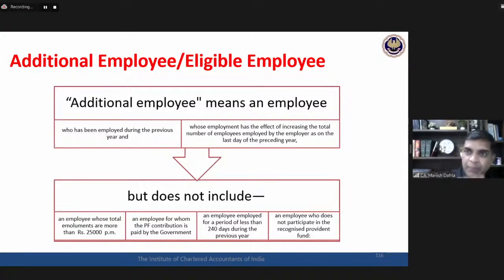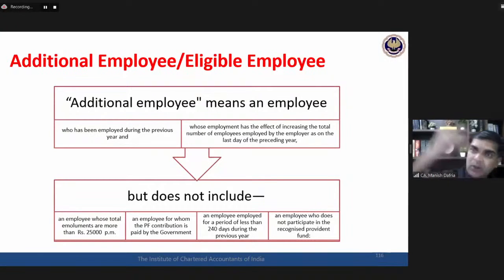Now, salary paid to these additional employees, these eligible employees, has also been claimed as a deduction against my business income. The same salary I am claiming a deduction for under 80JJAA. This means there is a double deduction available with respect to these eligible, additional employees.